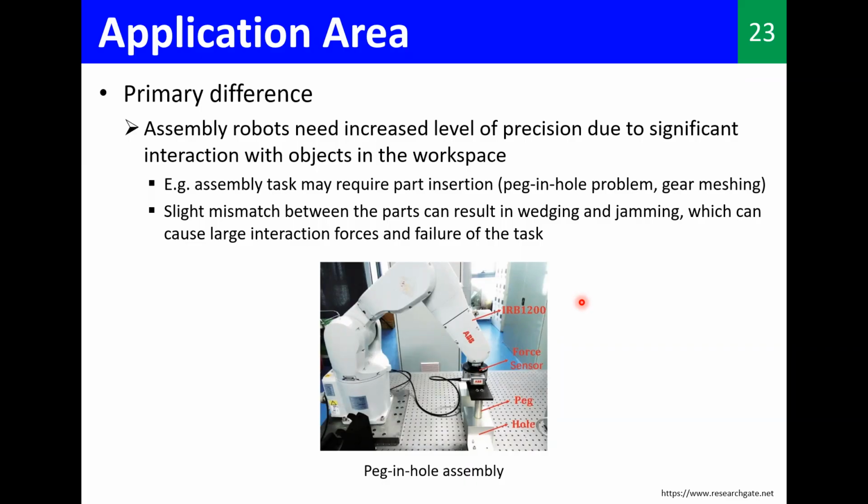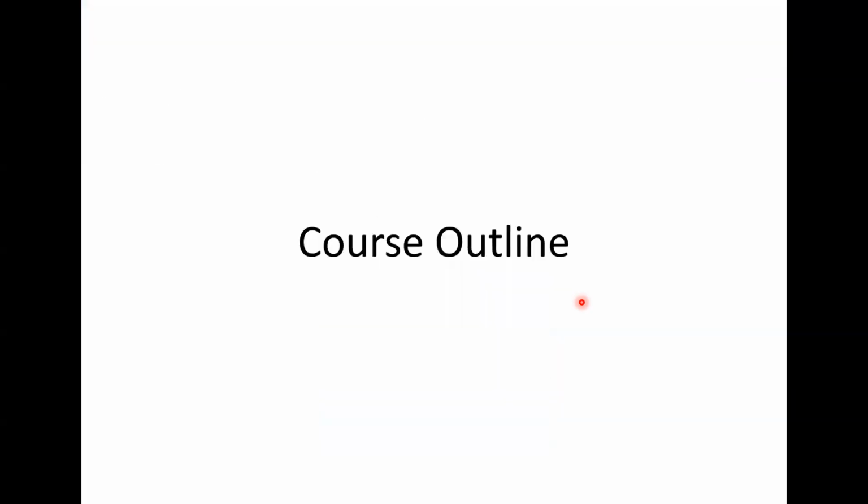Okay, right. So that's actually about the classification of robots, right? So when you see a robot the next time, you should be able to classify robots into different categories. So mainly we looked at the geometry, the power source, and the application area.